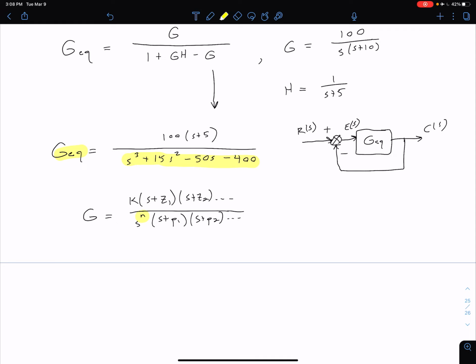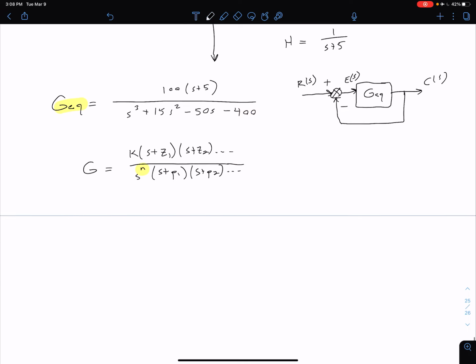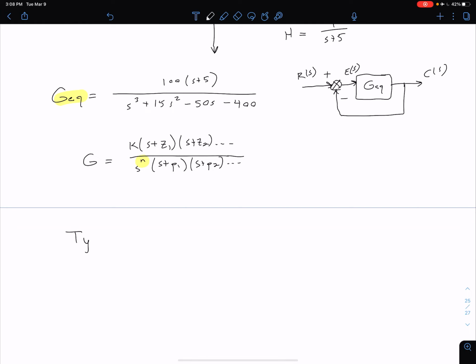It's not in factored form, which makes it a little more difficult to see, but because of this negative 400 term, we can't factor out an s from all of our other terms. So we say our system type is 0. Type 0, in other words, N is 0.